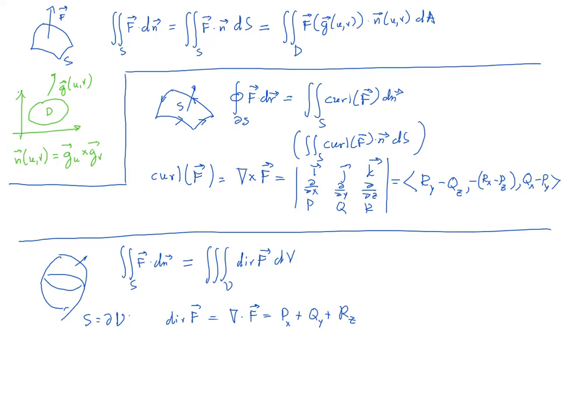So the first problem is a computation of a vector surface integral. So we have the vector surface integral of the vector field x squared minus y, x plus z.